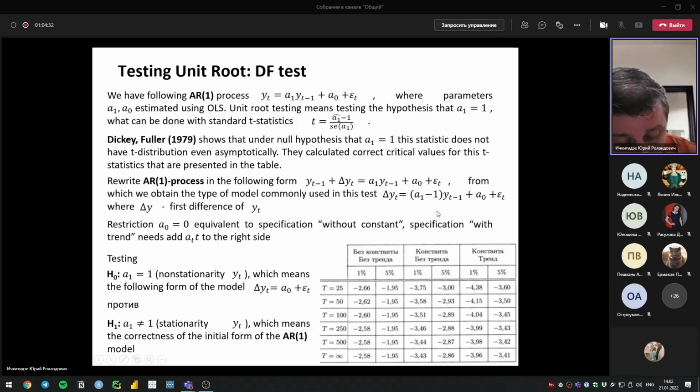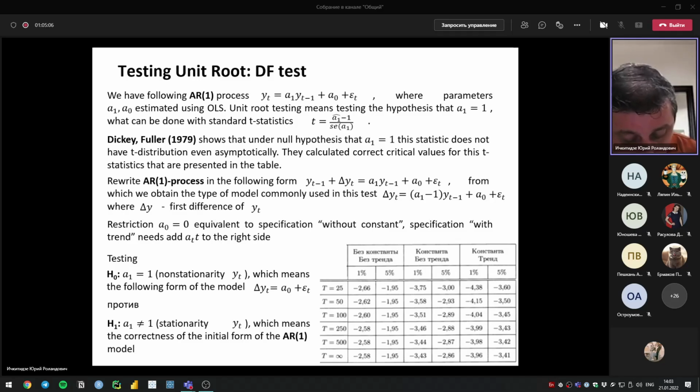In fact, the regression is tested for the significance of the difference of this coefficient a1 asterisk from 0. Its difference from 0 is equivalent to the fact that a1 is equal to 1. The hypothesis that is being tested is that this a1 is equal to 1. This means non-stationarity, and the correctness of the model on the first differences.